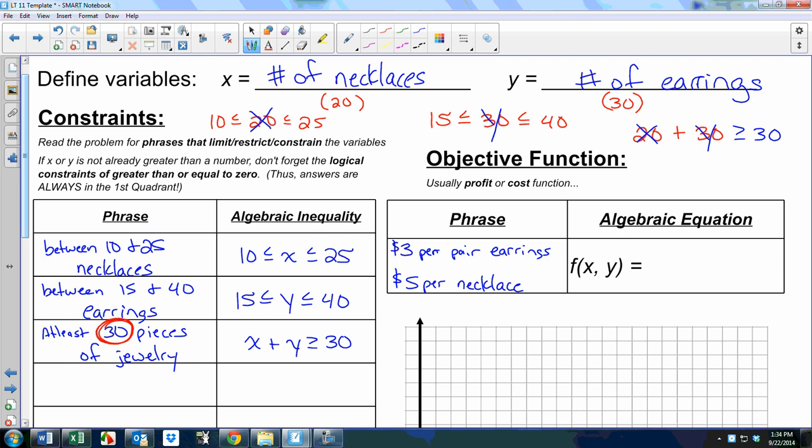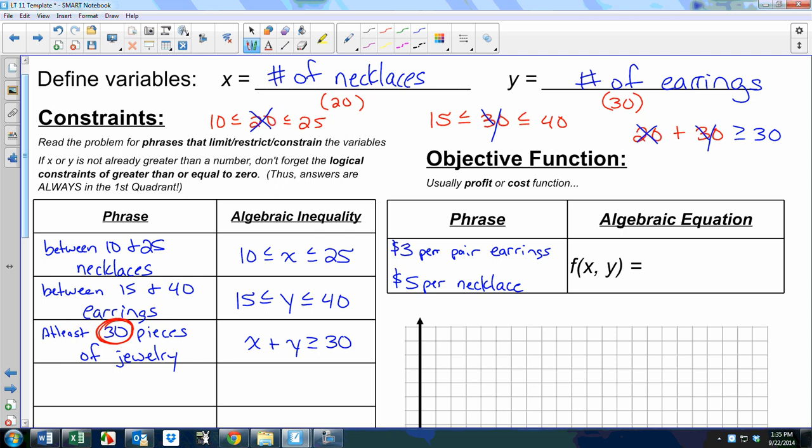Figure out what the business would have just made with 20 necklaces and 30 earrings. Take your calculator if you need to. 20 necklaces, 30 earrings. How much money did you just make? What did you get? Was it 190 bucks?